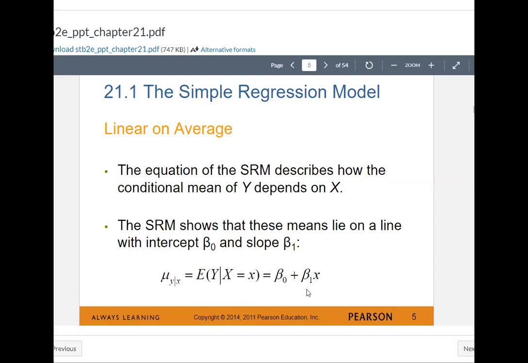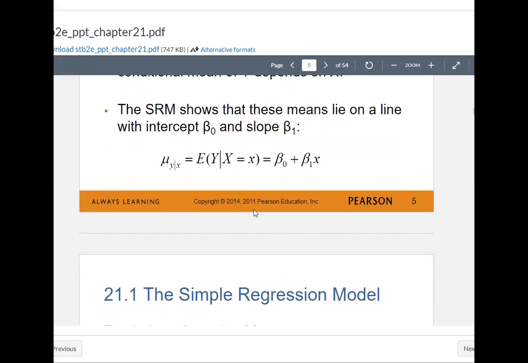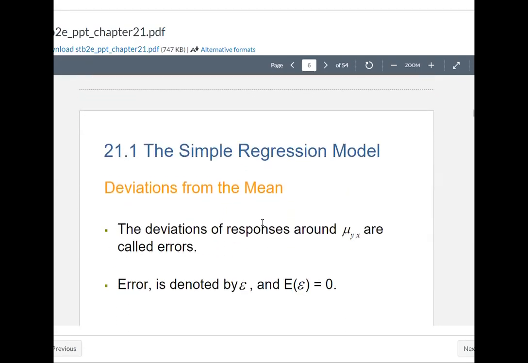Beta 1, when you want to go for interpreting it, you will say if there is 1 unit change in explanatory variable IV, the amount of estimation change in response variable will be beta 1. So if beta 1 is positive, there will be increase. If beta 1 is negative, there will be decrease when there is 1 unit increase in independent variable or explanatory variable.